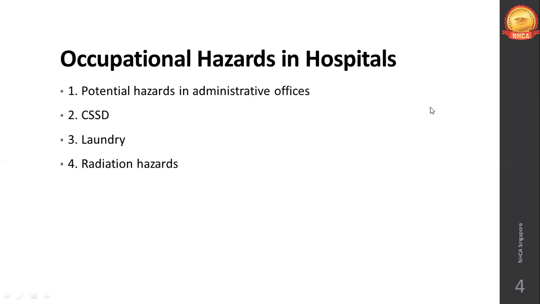A dosimeter is used to check the amount of radiation a staff member has been exposed to over 3 months continuously.